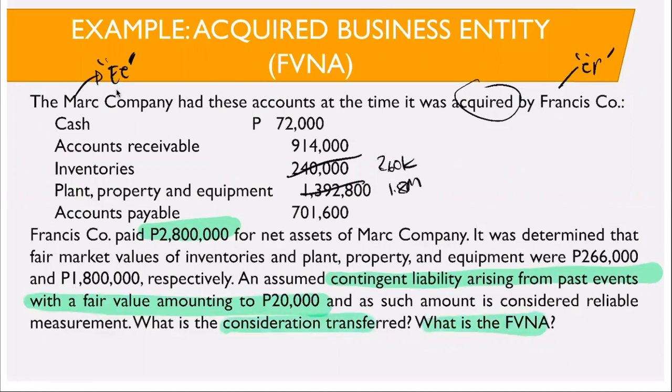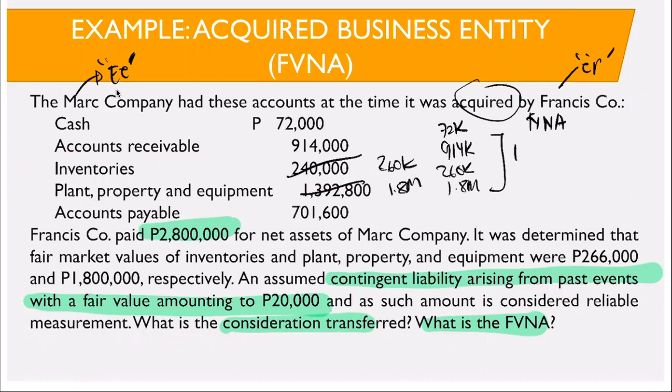So let's answer first the FVNA. Okay, so of course the cash will remain as 72,000. AR, since there is no other info regarding the value of AR, it will remain at 914,000. Inventories at 260,000 and your PPE at 1.8 million.